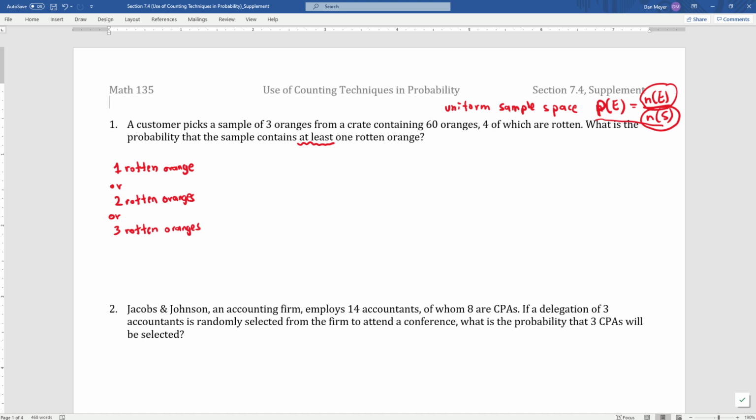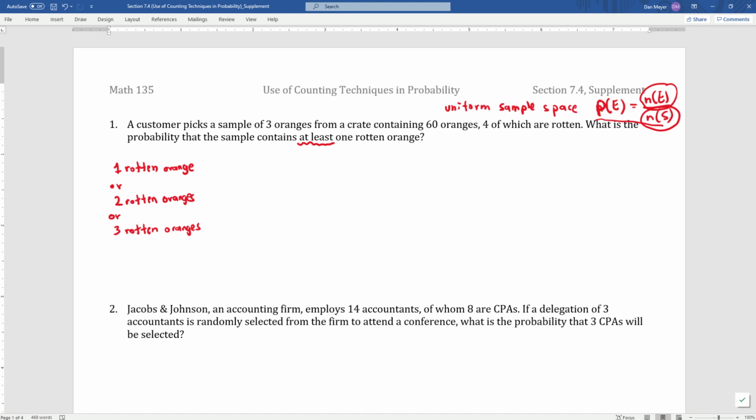All right, and so if I want 1 rotten orange, we're just choosing 3 oranges here. I have to have 1 rotten orange and 2 good oranges. If there's 1 rotten orange and I'm picking 3 oranges total, 1's got to be rotten and 2 have to be good. And it doesn't really matter what order we pick them in. We're just picking 3 oranges.